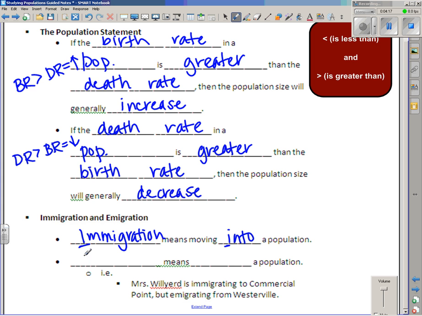And emigration with an E means exiting a population. So underline your E's. So for example, I used to live in Westerville and now I live in Commercial Point. So I immigrated with an I to Commercial Point. I moved into the Commercial Point population, but I exited the Westerville population.